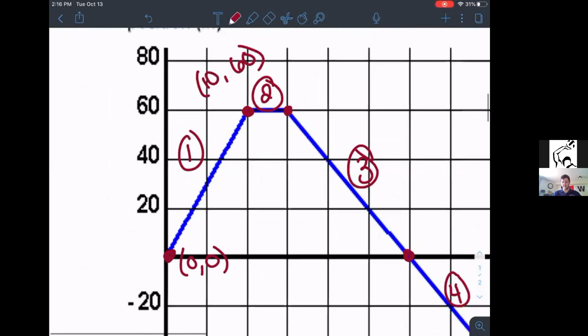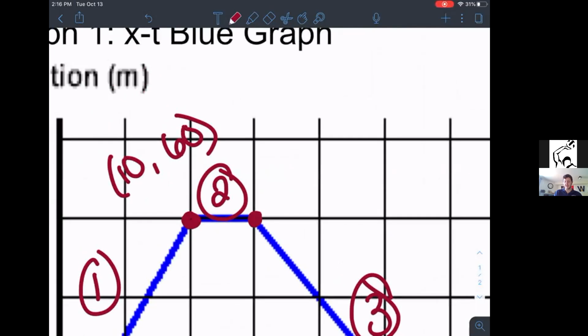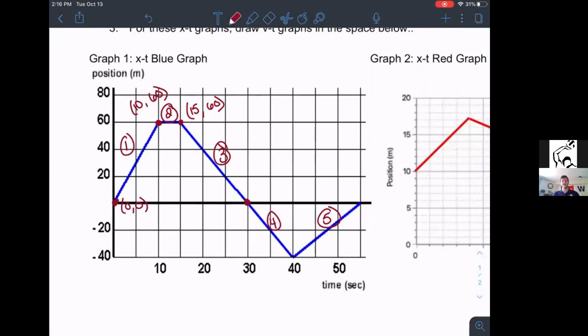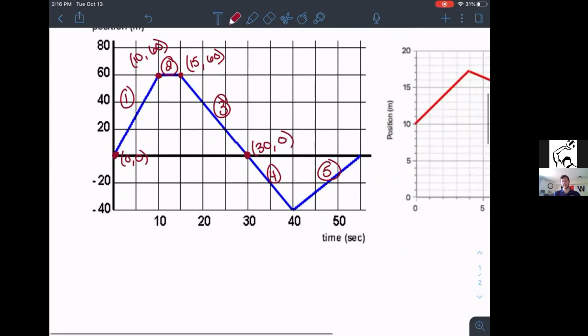This next section, if we look, is at 15 seconds, and it hasn't changed its position. So 15, comma 60. The one after that is at our x-axis at 30 seconds, and we are at 0 for our y, our position. We're back at our home, back at our origin.